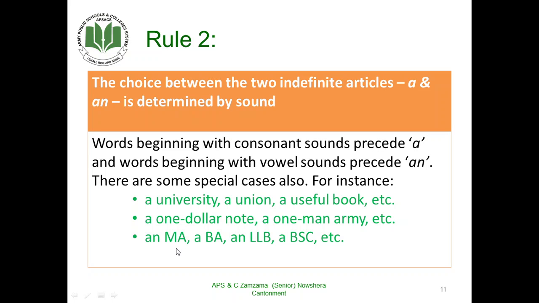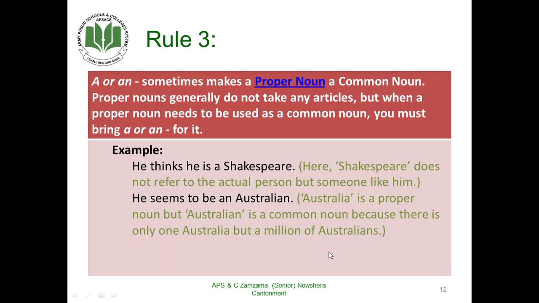Here, M is a consonant, but its sound is "em", like a vowel sound. So we will use "an MA", "a BA", "an LLB", "a BSc", etc.